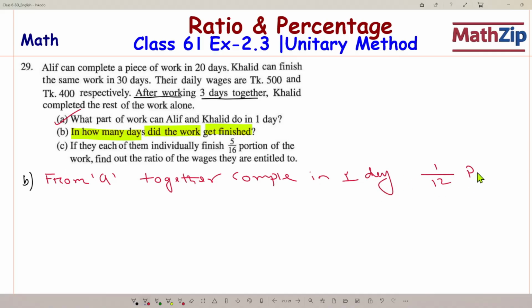So together in 3 days they complete 3/12 part, that means 1/4 part.